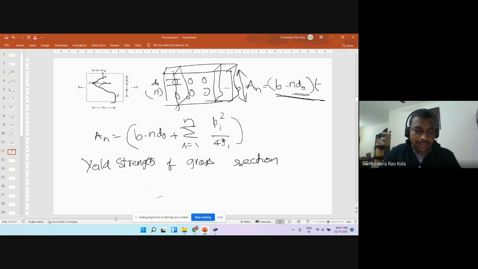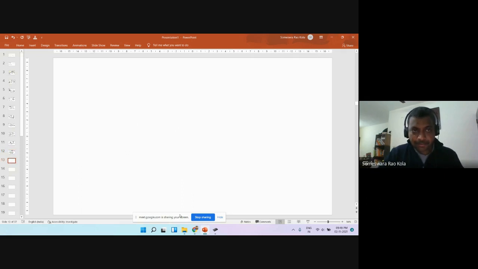Okay, that is TDG is equal to AG Fy by gamma MO. Okay, so this is again a factor of safety, sorry. Then we have block shear.